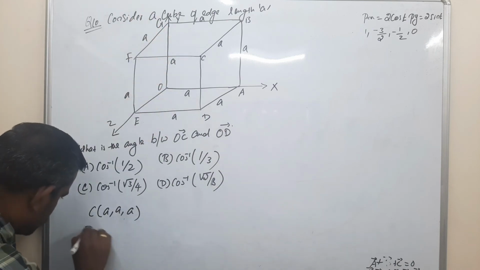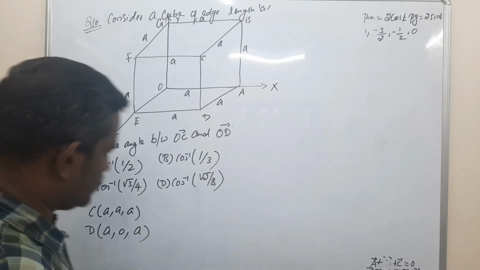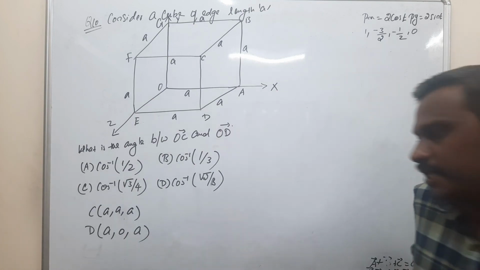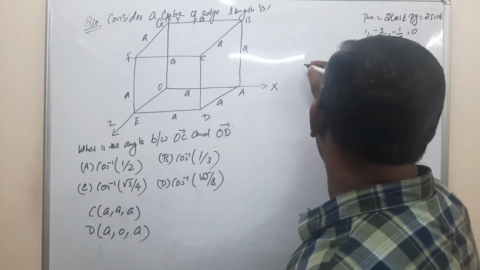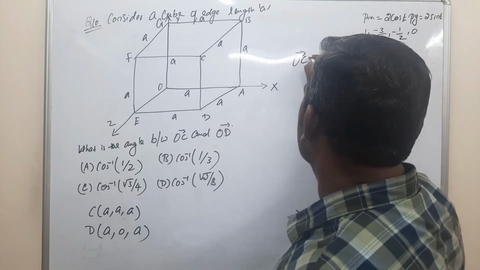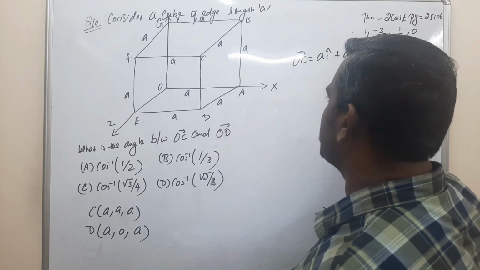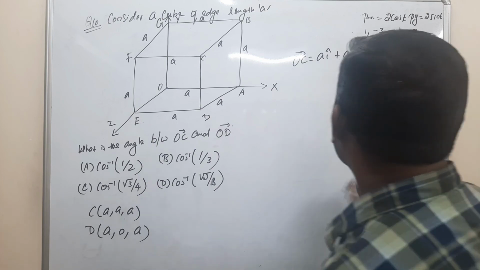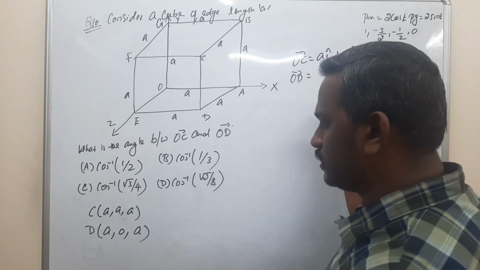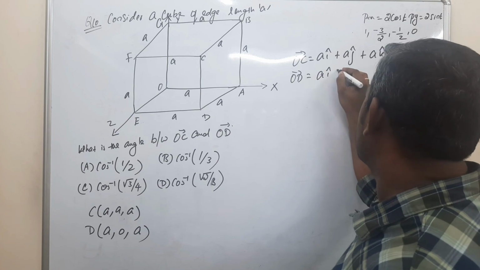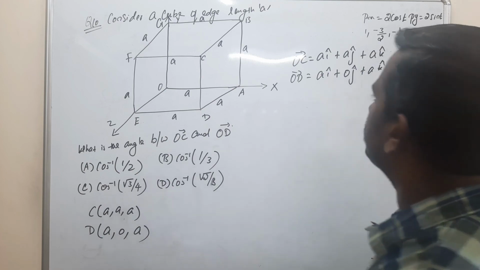So D is A comma 0 comma A. So these are the coordinates of the points C and D. In vector form, OC vector is equal to A i cap plus A j cap plus A k cap, and OD vector is equal to A i cap plus 0 j cap plus A k cap.